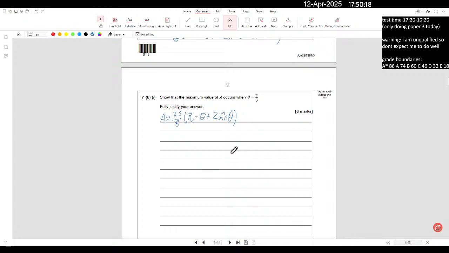Do I differentiate this somehow? dA over d theta. I think this is what it is.